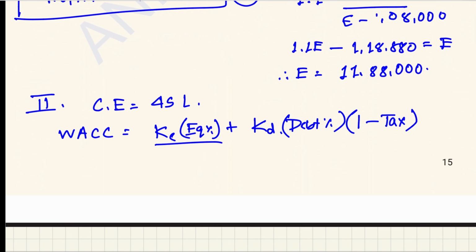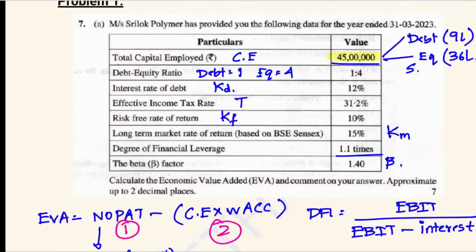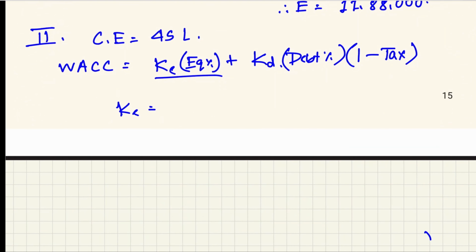So KE, again in this problem statement, KE is not given, KD is given, which is 12%. So KE you have to calculate using the formula of CAPM, which is KF plus beta into KM minus KF.